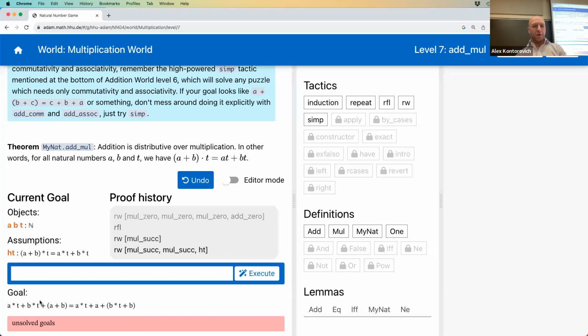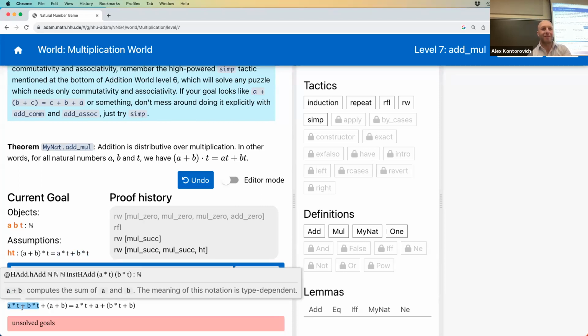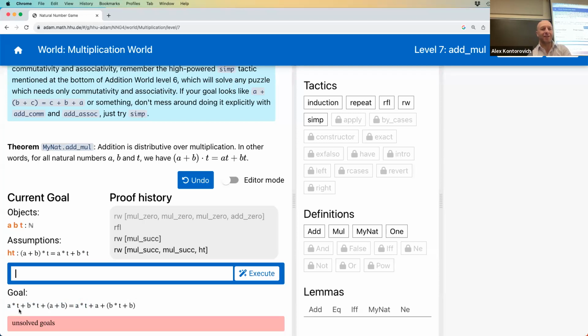Why don't we do an add_assoc on both of them? So with the associativity, we can get the A times T by itself because it's already okay. Let's see, if I do the associativity, good, it got the A by itself here. And if I tell it to do the associativity again, I think it's going to look at this one.